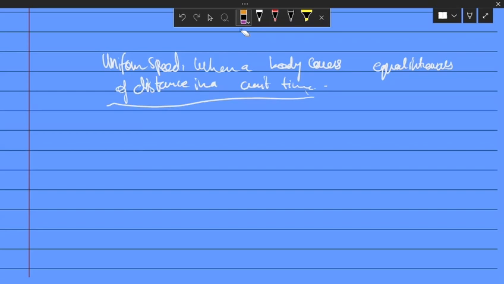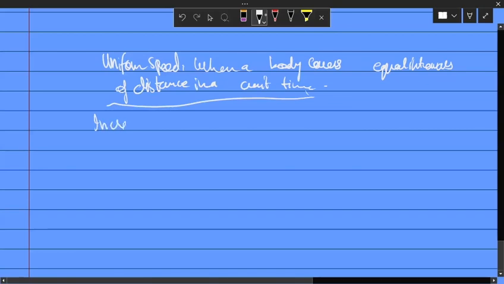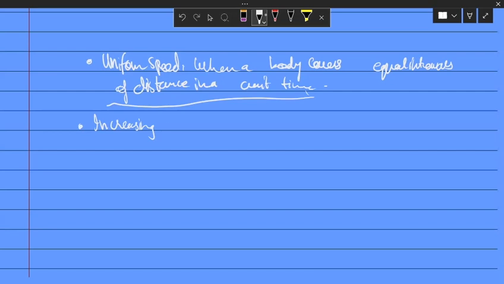So now let's do increasing speed. So what is increasing speed? Increasing speed is the speed which increases with respect to time. Okay, this will be known as increasing speed.